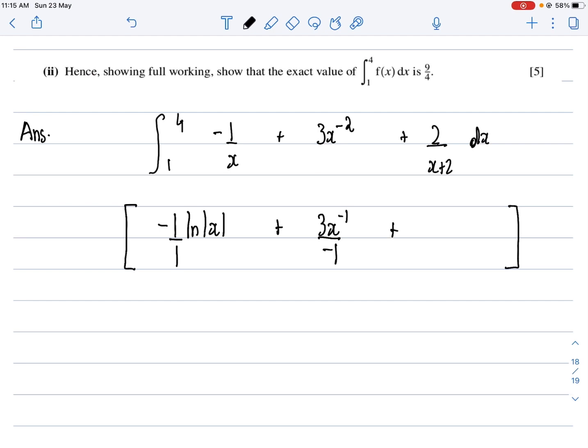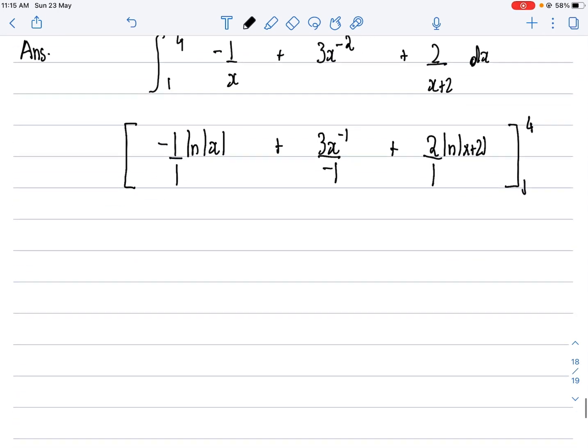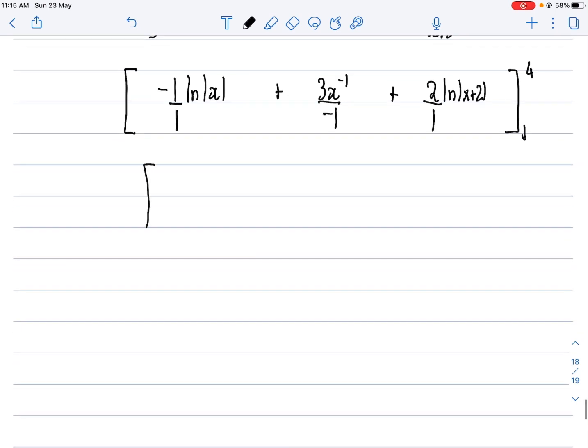Plus 2 over x plus 2 will be first ln x plus 2 with the 2 over 1, which is the coefficient of x, with the limits 1 and 4. So I can simply write this as minus ln x minus 3 over x plus 2 ln x plus 2, with the limits 1 and 4.